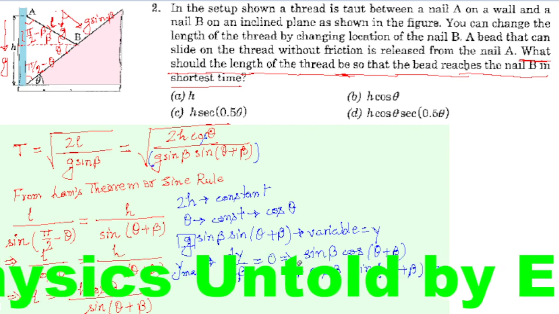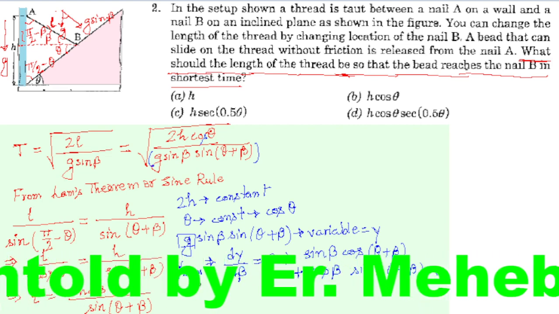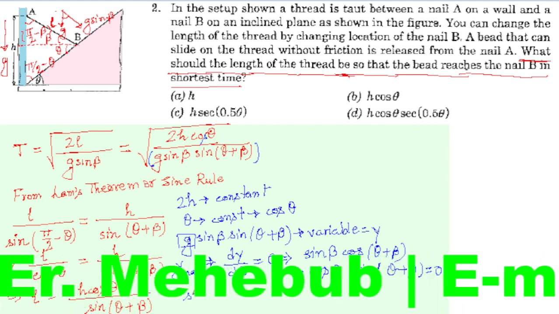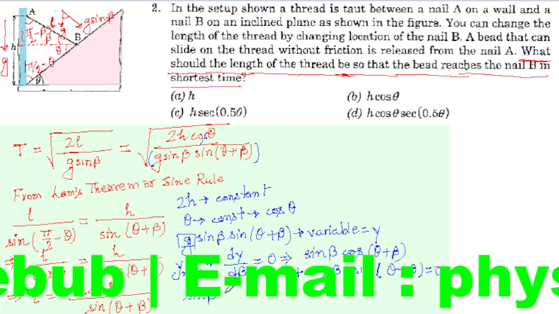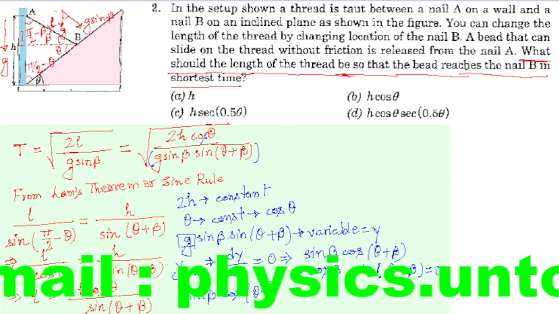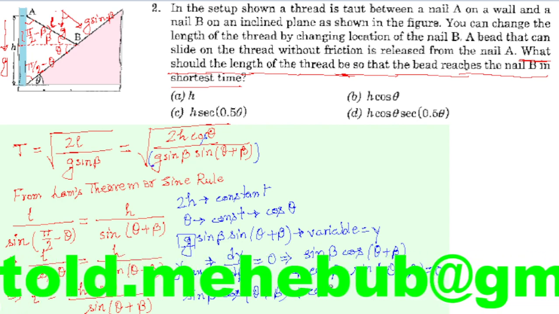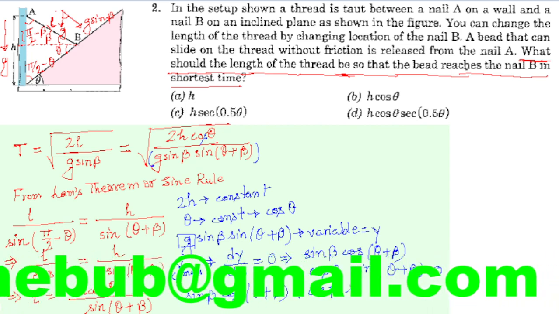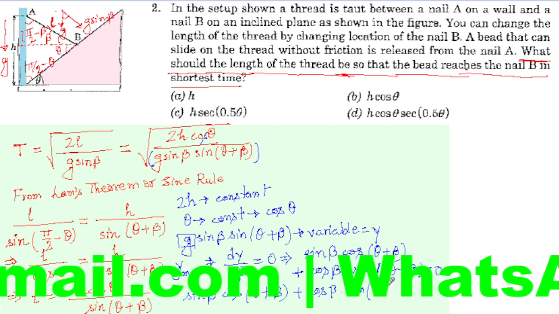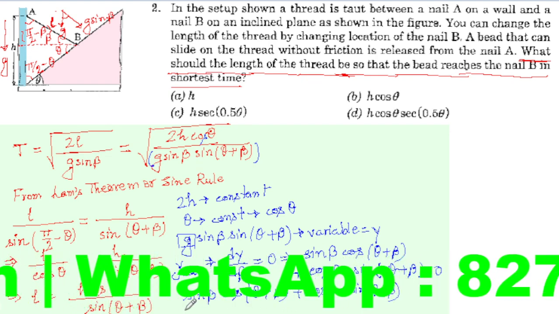If we simplify this equation, it is equal to sine beta cos theta plus beta plus cos beta into sine of theta plus beta.